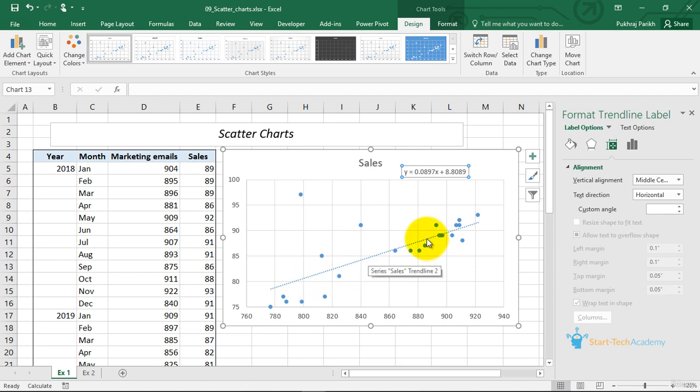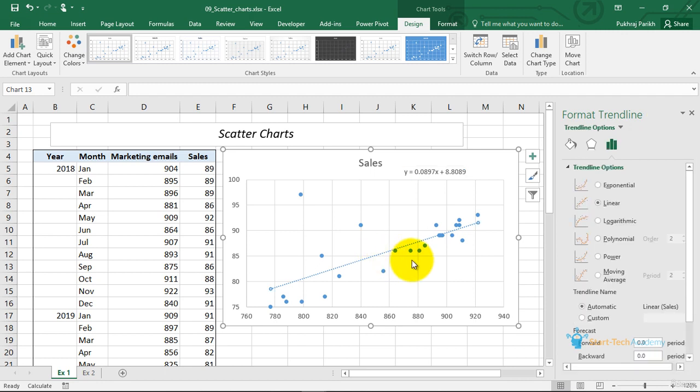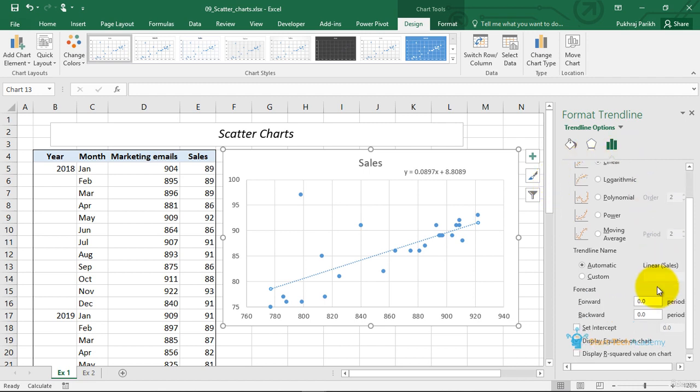Once you plot a trend line and you are happy with it and you would like to use the equation of that trend line, you can find that equation by clicking on this line, selecting its formatting options and ticking this box. If you are into data analytics and you understand the terms of R squared and intercept, you can add those options also. So the R squared value for this line is 0.48.